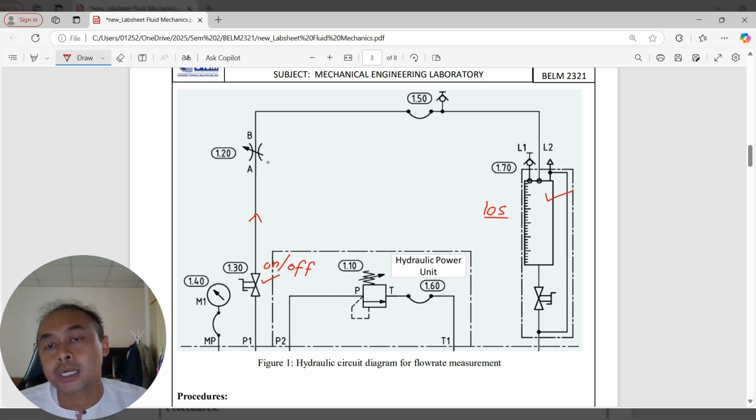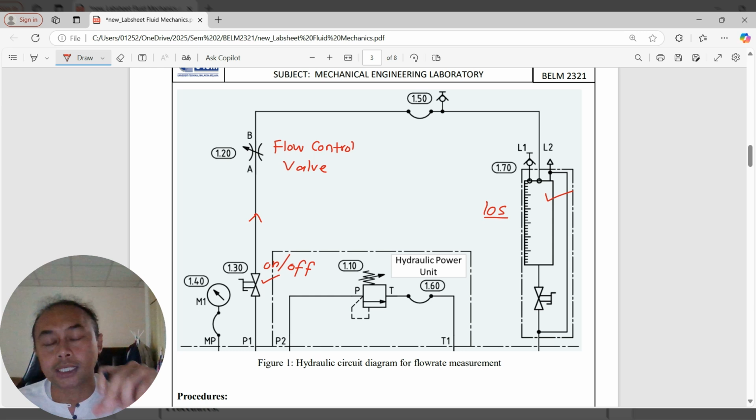And one more, you can see that you have this flow control valve. This is the valve where you can set how much is the opening of the valve, which will vary the amount of flow in terms of volume that will go to the tank, to the measuring glass.